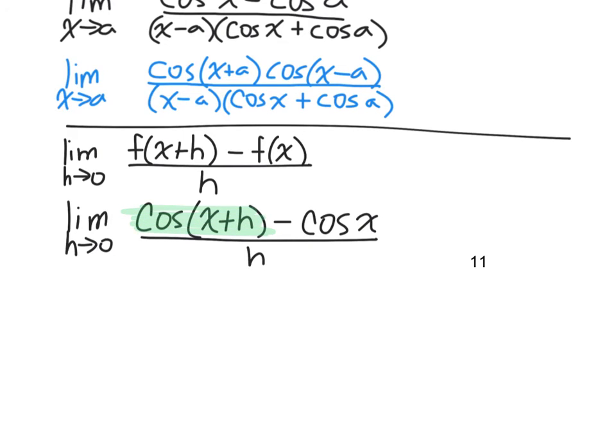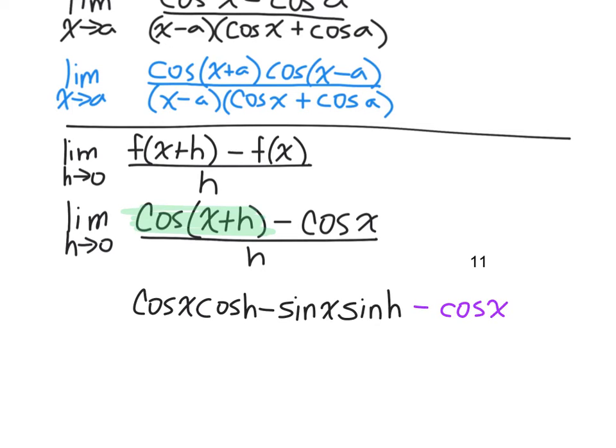All right, this is the sum rule for cosines. You can look above, but it's cosine x, cosine h, minus sine x, sine h, minus the cosine that's already there, divided by the h that's already there, with a limit.